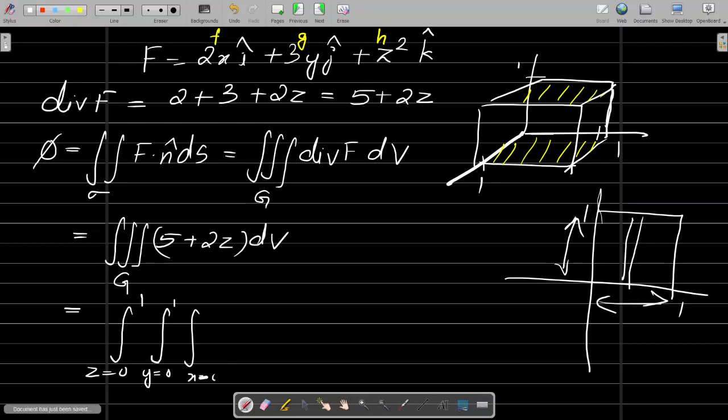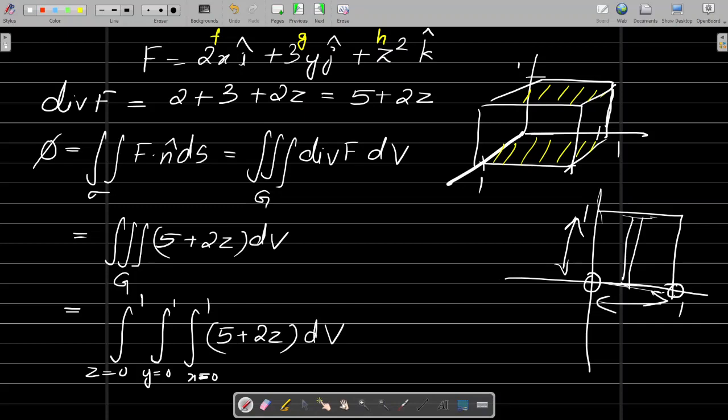Even if you take a strip like this, it moves from this end point, x equal to 0, to this end point, x equal to 1, and then you have the y limits as the lower curve and the upper curve. The strip is traveling from y equal to 0 here to y equal to 1 here. So you'll have 5 plus 2z into dV.